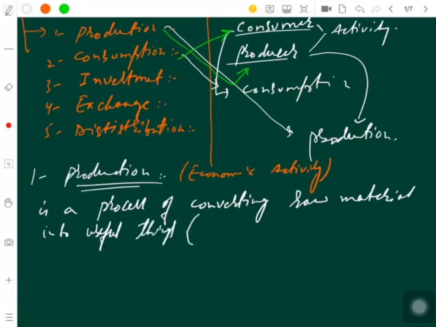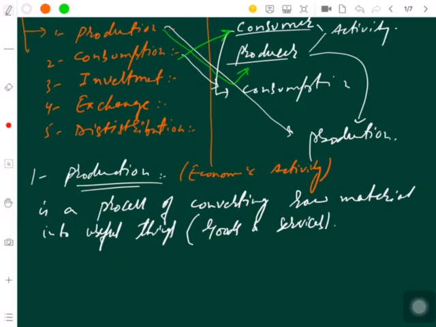Things means exactly goods and services. When these things are produced after converting the raw materials, these things now possess a utility.